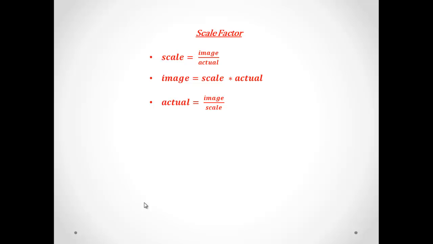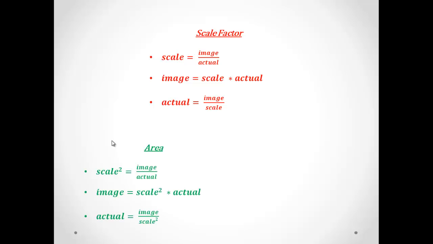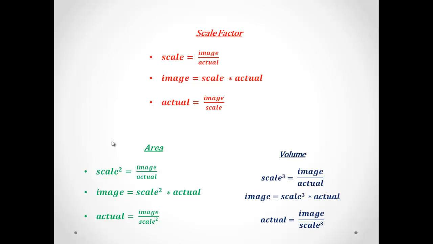The actual object is equal to the image divided by the scale factor. And if we're thinking about area, it's basically the same formulas, except we are changing scale factor to the scale factor squared. And if we deal with volume, again, the formulas are the same, except we're changing scale factor to scale factor cubed.